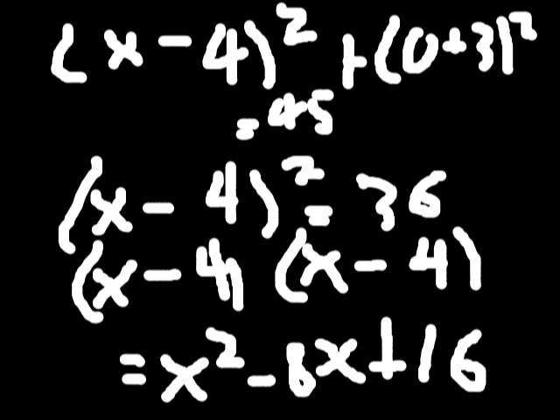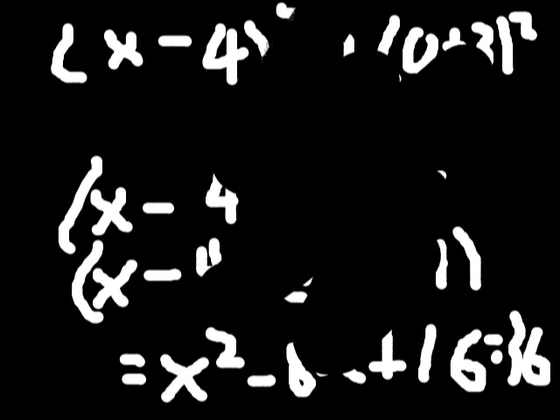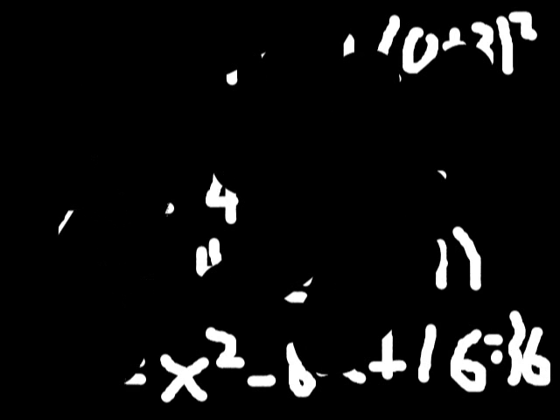So what we have is x squared minus 8x plus 16 equals 36, and I need more room. So let's erase all this again. And now it's just like solving a quadratic equation.